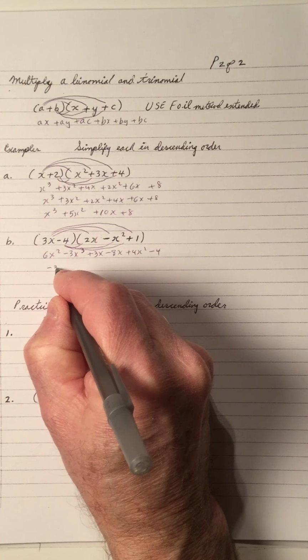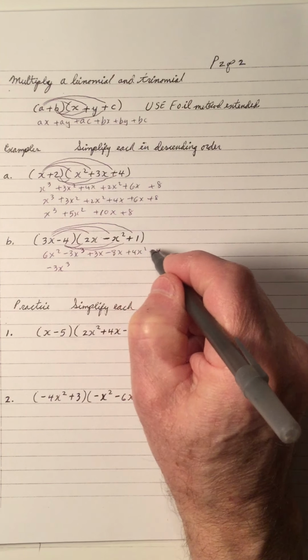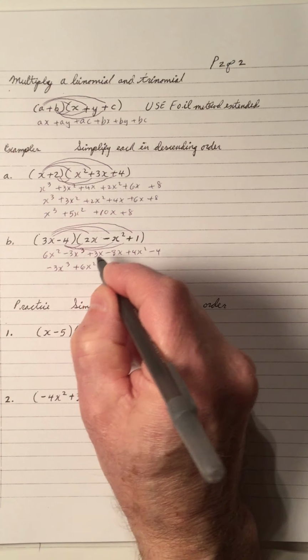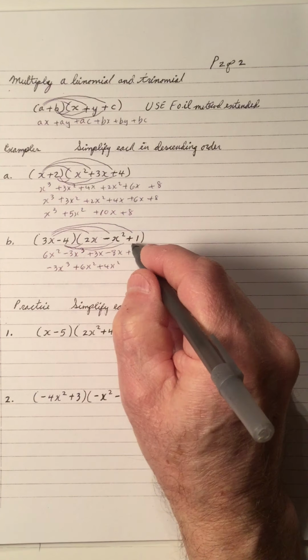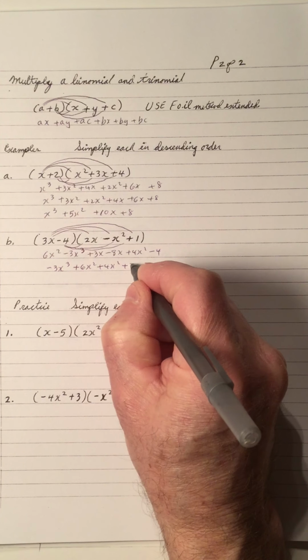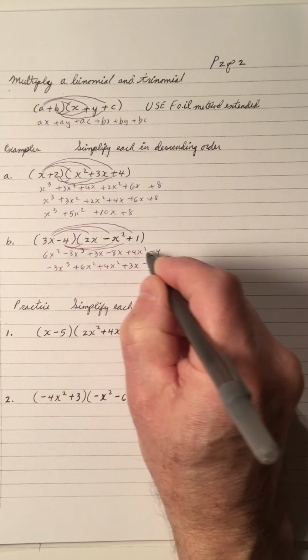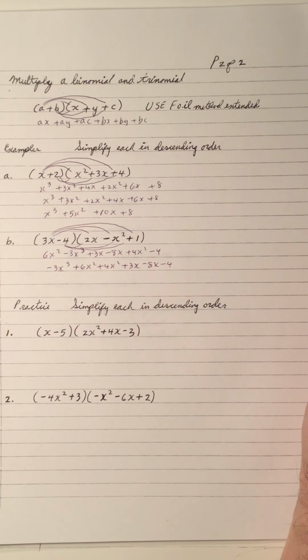So I'm going to put the negative 3x cubed first. No more x cubes. Now I'm going to put the x squareds next because it's in descending order. The x squareds done. And now I'm going to put the x's, 3x and negative 8x. And then I'm going to put the negative 4 because the constant goes on the right side.